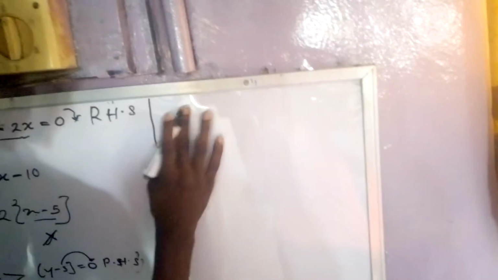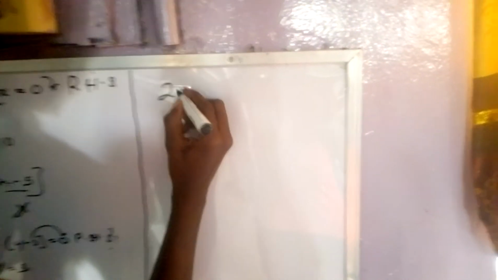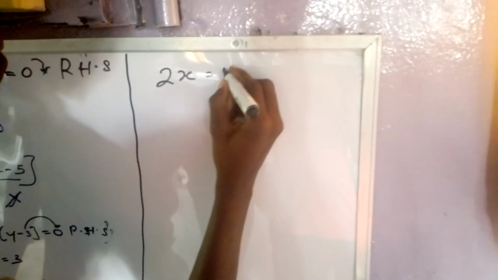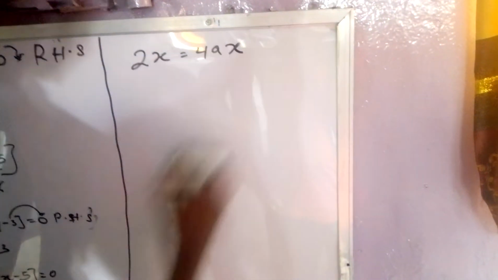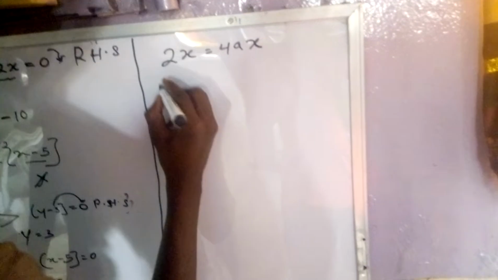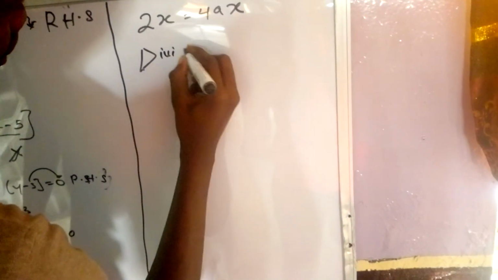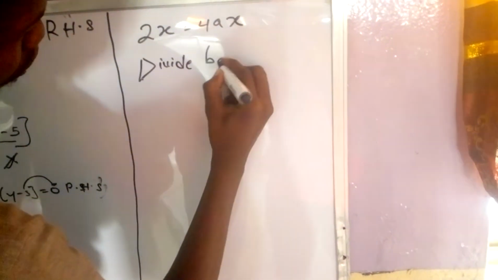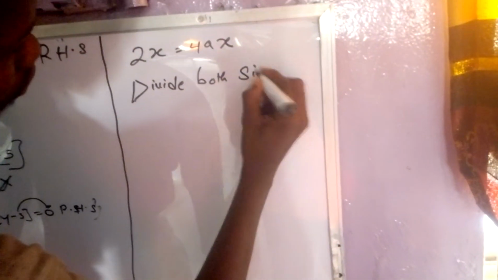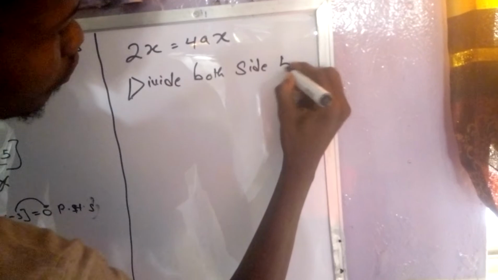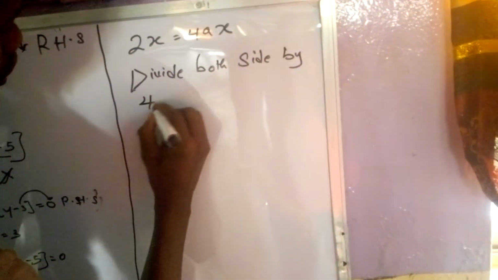Then we are going to say 2X = 4aX. You divide both sides by 4X.